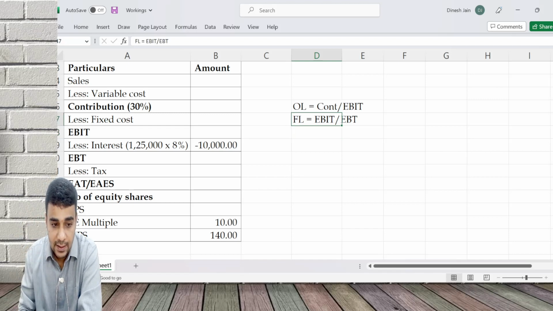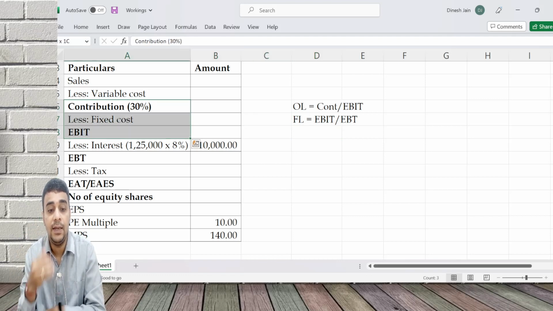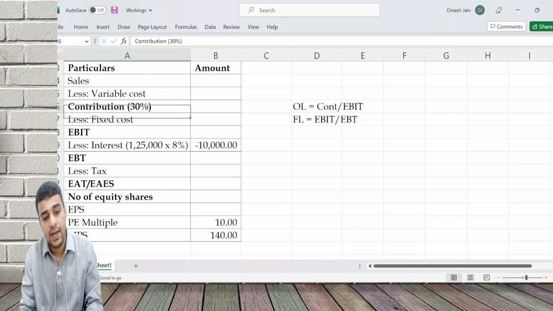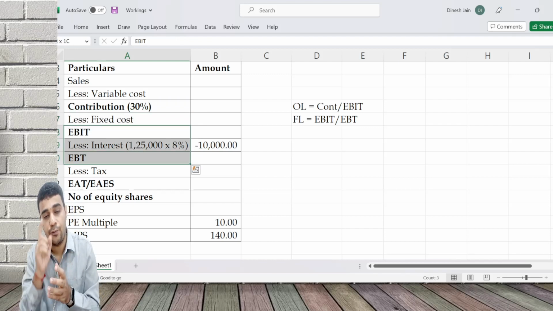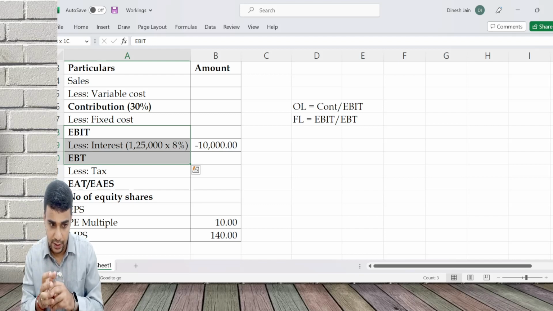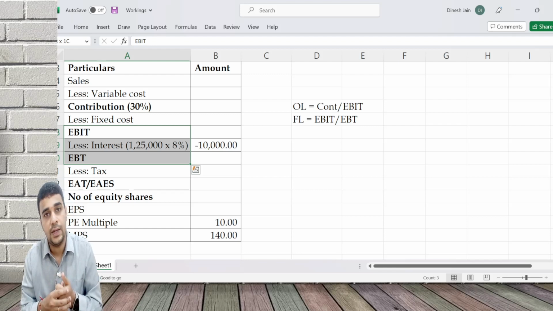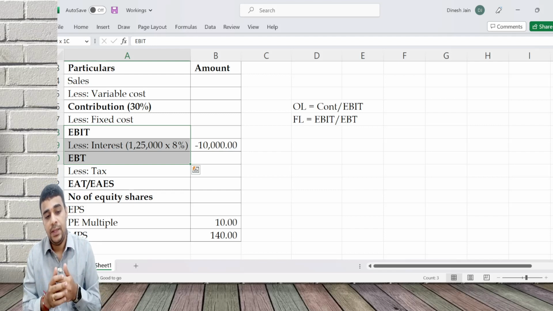If you have either contribution or EBIT or fixed cost, you can use OL and get all three. OL is not possible here because I don't have any of the three. EBIT, interest or EBT, if one of them is available, we can calculate the other. So I'm going to use financial leverage to get EBIT and EBT, and the problem will almost get over, because interest is available.